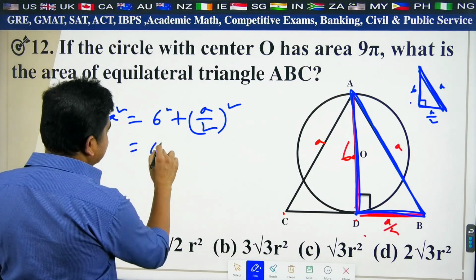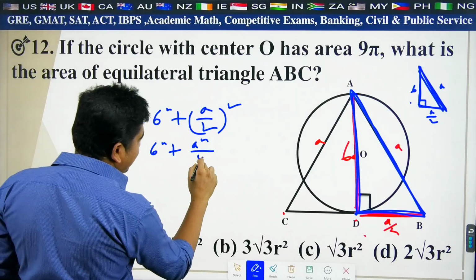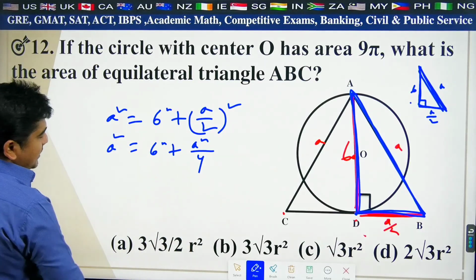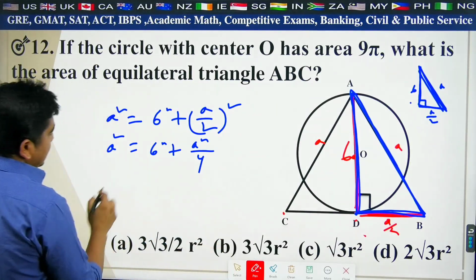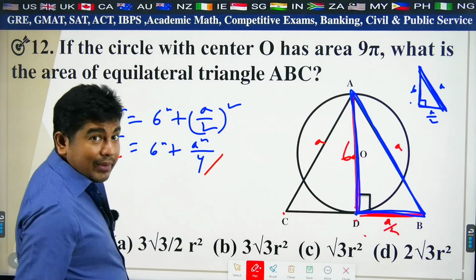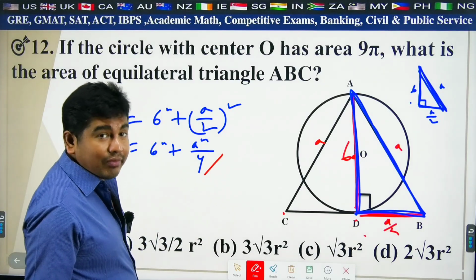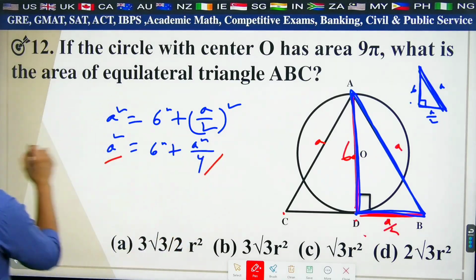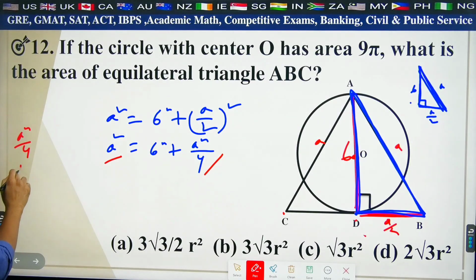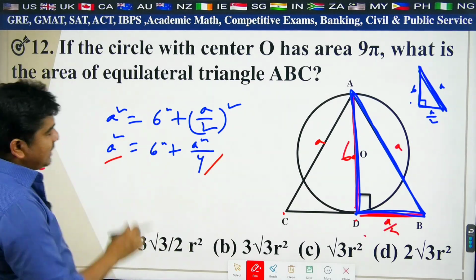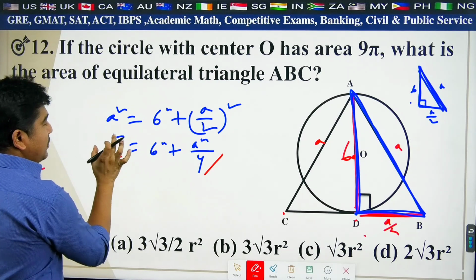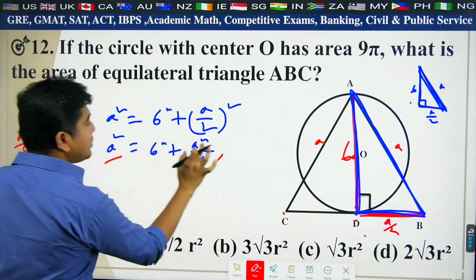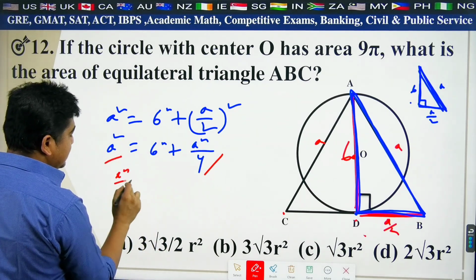So we can write 6 square plus a square by 4 equals a square. This one is a square by 4, that means 1 by 4 a square, and this one is a square. If you subtract from here to here, then you get 3 by 4 a square.